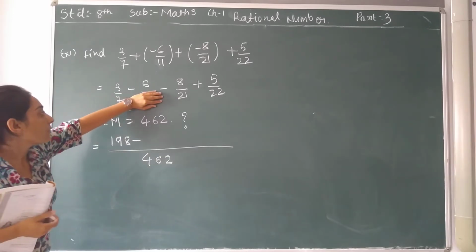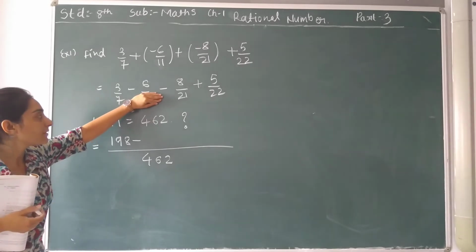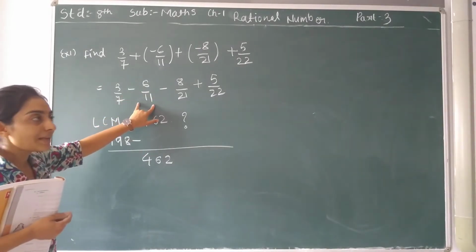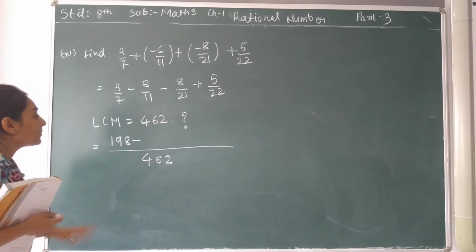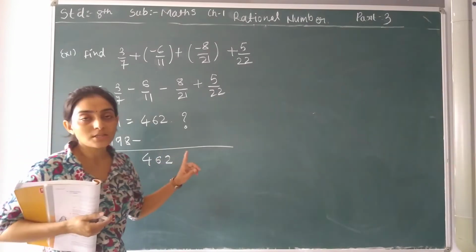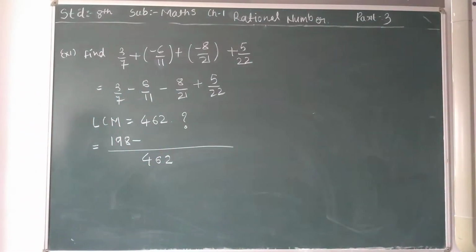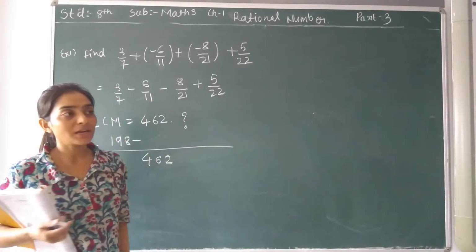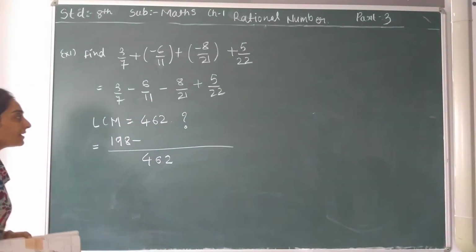Now the same thing for 11. Except 11, I am multiplying with the digit 6. Same for the 8 and same for the 5. Whatever is given in the denominator, leave that one, and the remaining denominators I am going to multiply.